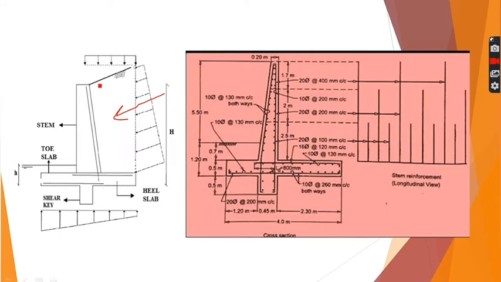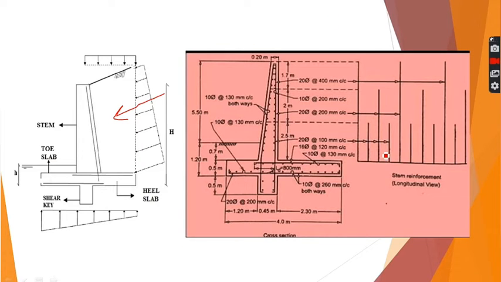It is inclined because of the inclined backfill. This is the upward soil pressure from the soil below the retaining wall. The individual cantilevers, that is stem, toe slab and heel slab, are provided with reinforcement. We will be discussing the location of the reinforcement in detail later on.